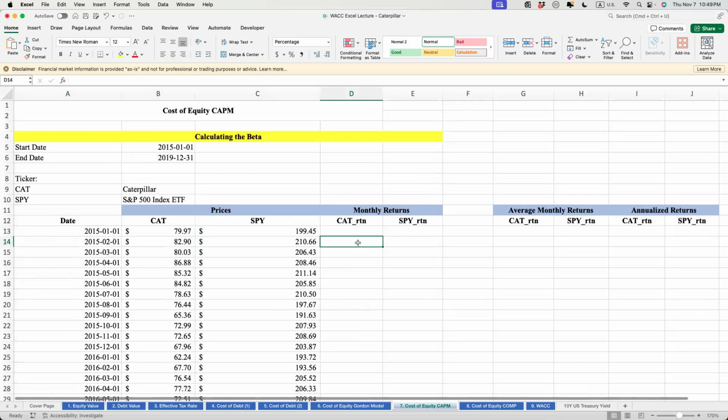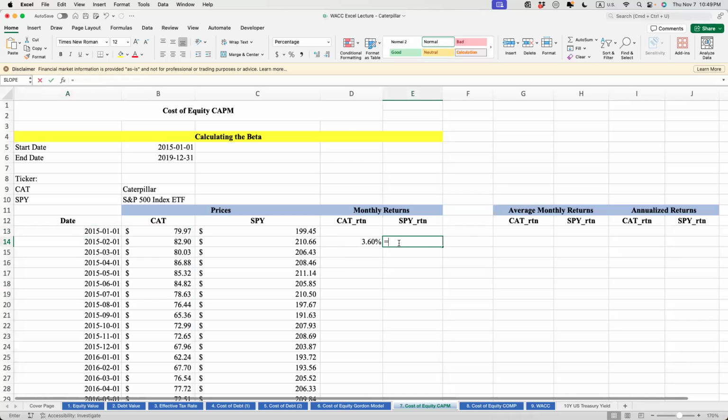So we're going to calculate this return month over month. For Caterpillar, first one, we're going to take a log function here, using the February price divided by the January price, and this will give you the return. Meaning that from 2015 January to February, Caterpillar stock generated a 3.6% return.